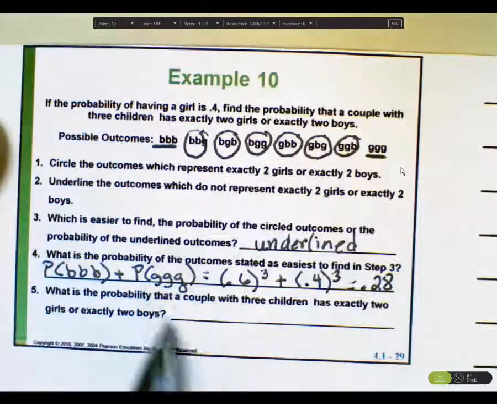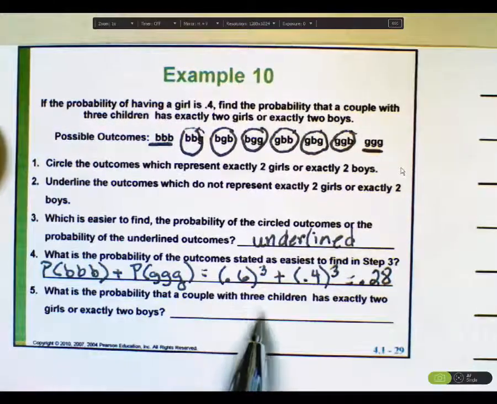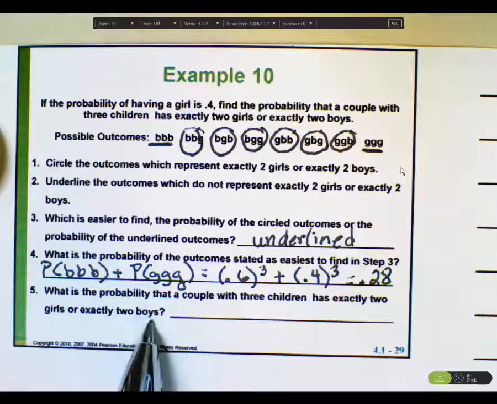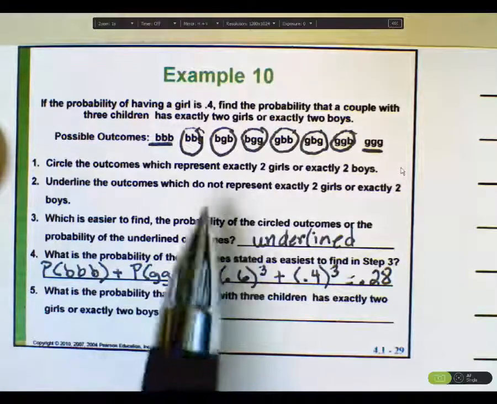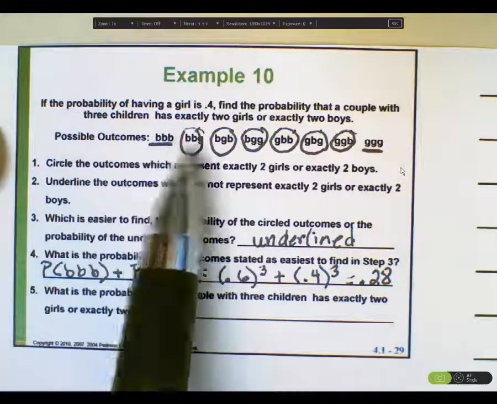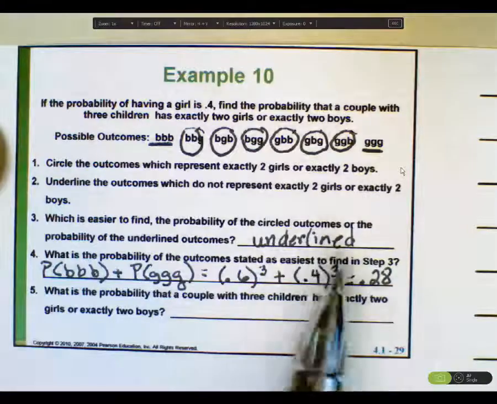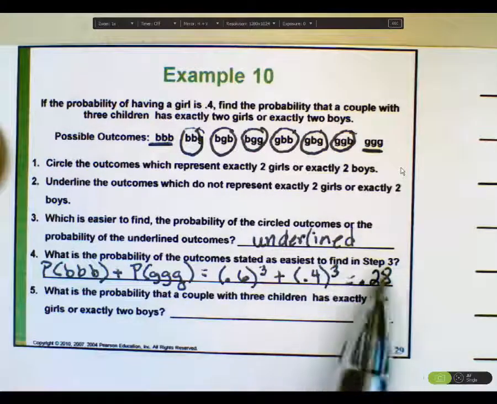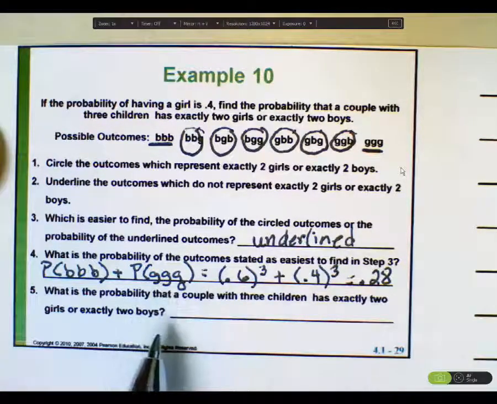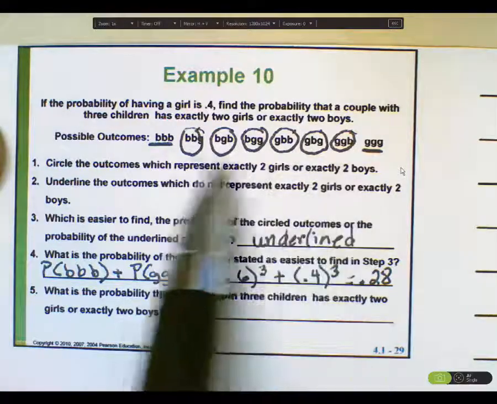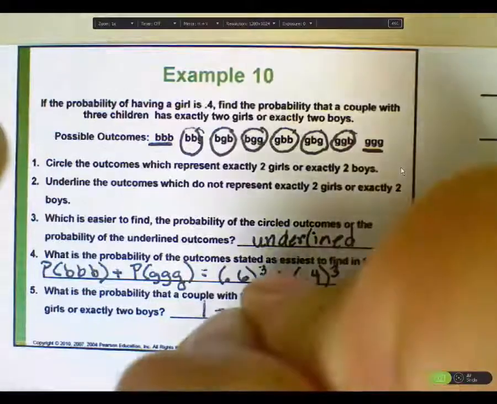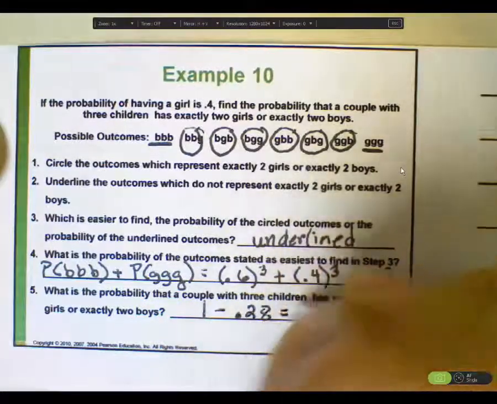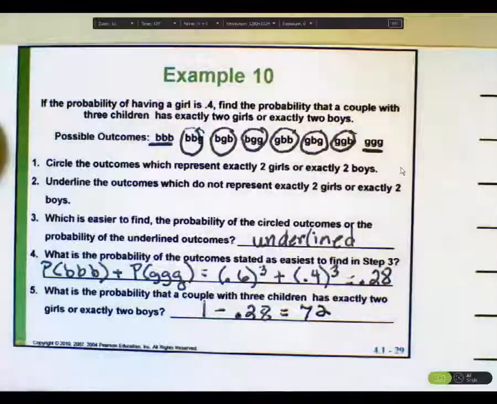But if I want the probability with 3 children that has exactly 2 girls or exactly 2 boys, it's everything except for what I have underlined. If I want the probability of everything but what I have underlined, and I've already found the probability of what I have underlined, then I can find the probability of the other outcomes by subtracting the 0.28 from 1.